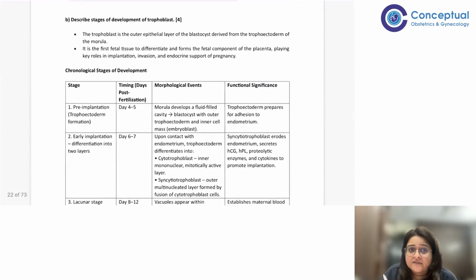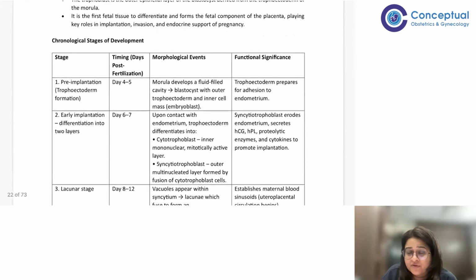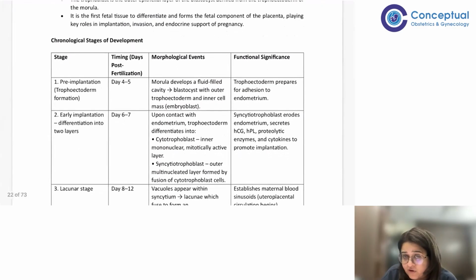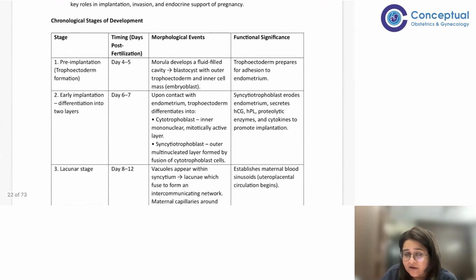The stages of development of a trophoblast, this is basically how your placenta forms, is a common question. It is important, something which you have to learn. It's not easy to explain in detail now, but you have a pre-implantation stage or formation of the trophoectoderm. Then you have early implantation, where you have division into cytotrophoblastic cells and syncytiotrophoblasts.